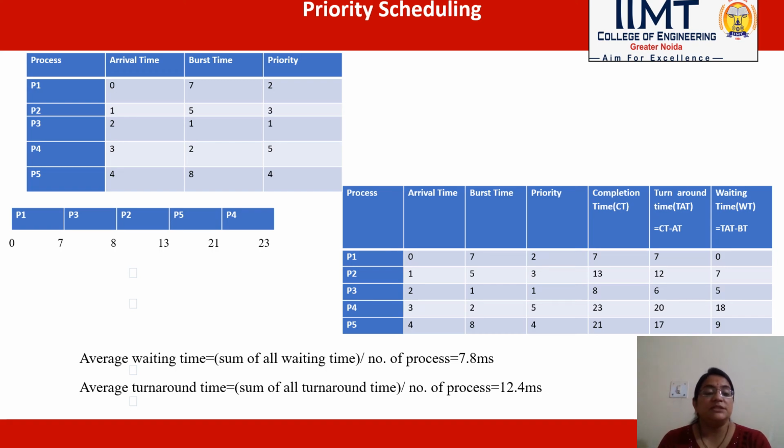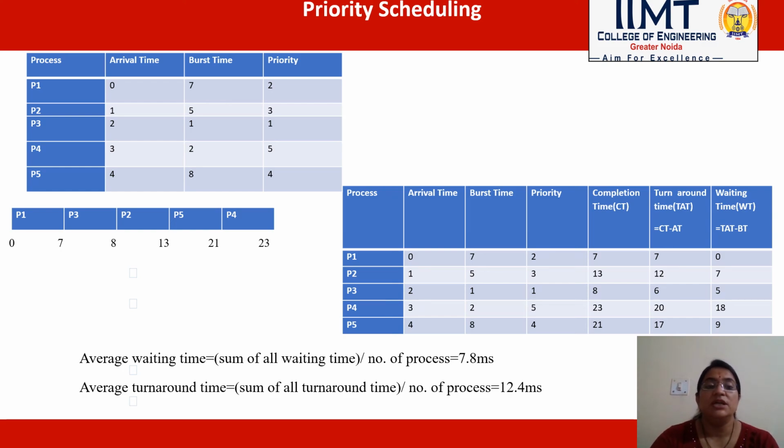When P1 completes, we can allocate the CPU to process P3, because P3 has the higher priority; in this example we said that lower number means higher priority. So P3 has priority 1.